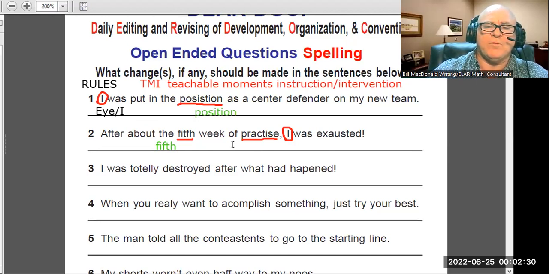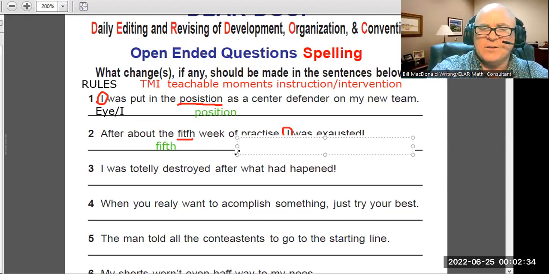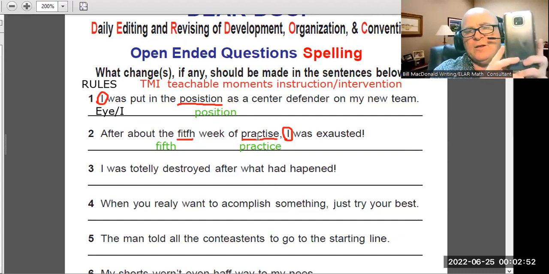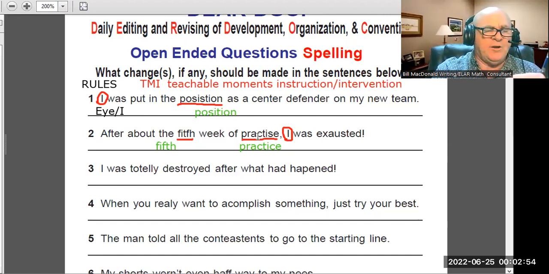So this next one, practice. It looks close, but I'm going to write another version of practice that I think it could be and have it right next to the other one. So practice with 2 C's instead of a C and an S. So I'm going to, with your knowledge, there's my phone here. I'm going to pretend, oh, I don't really know about the word practice.